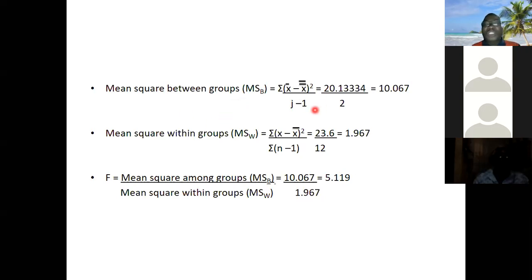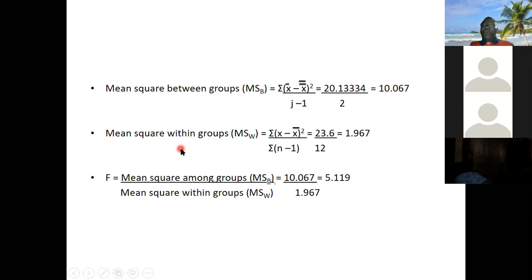Mean square between, if you look at it, is equal to the sum of x bar minus x double bar squared, all over j minus 1. J means number of groups, minus 1. That was what we did. 20 over 2 gives us this.